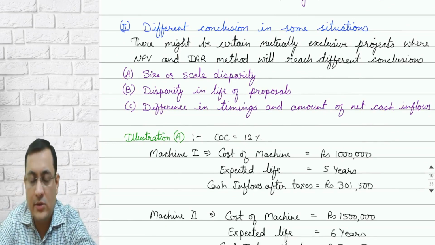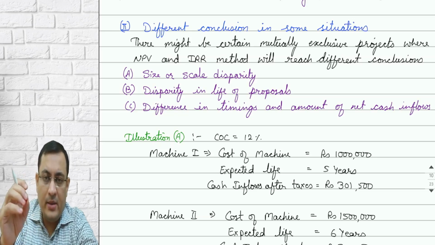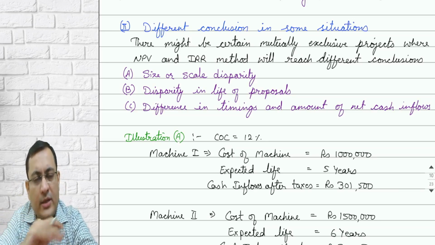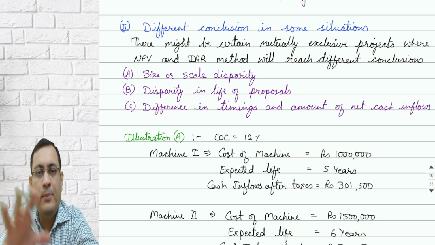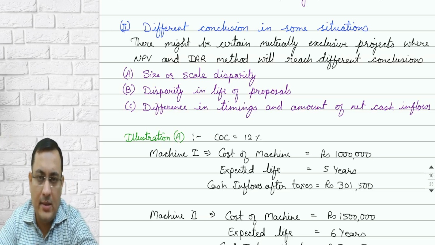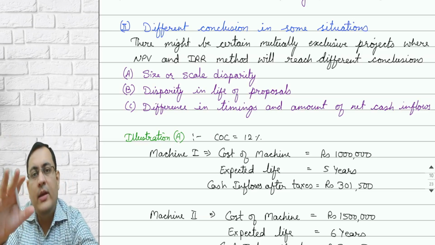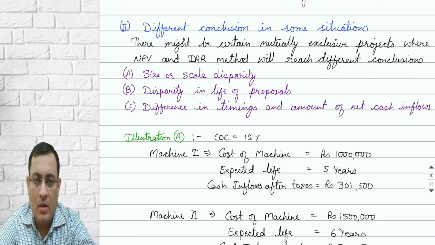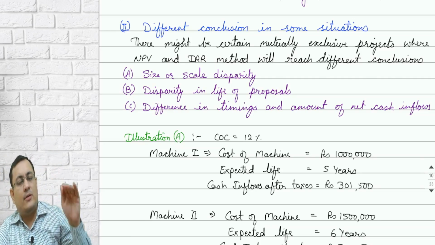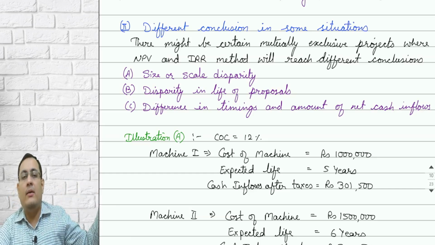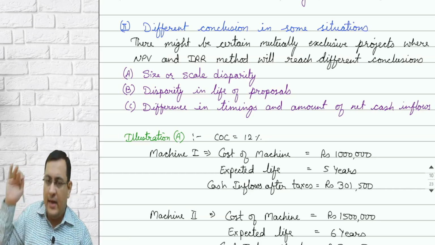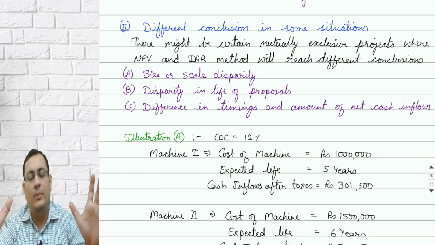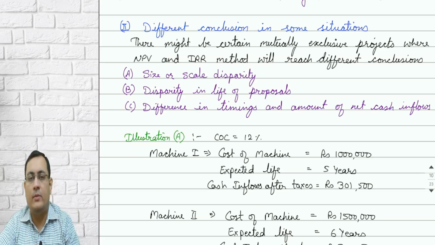And what are these situations? In the case of an individual project, only a single project, there will never be a situation where NPV says accept the project and IRR says reject it. Even in the case of independent projects where you can select multiple projects at a time, if NPV says you should invest in projects A, B and D, not in C, IRR will also say you should invest in A, B and D, not in C. So in the case of independent multiple projects also, there will be no conflict.